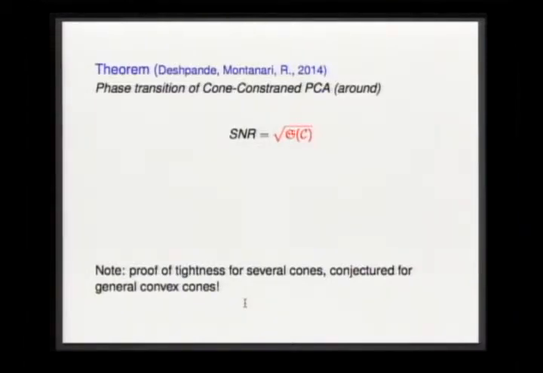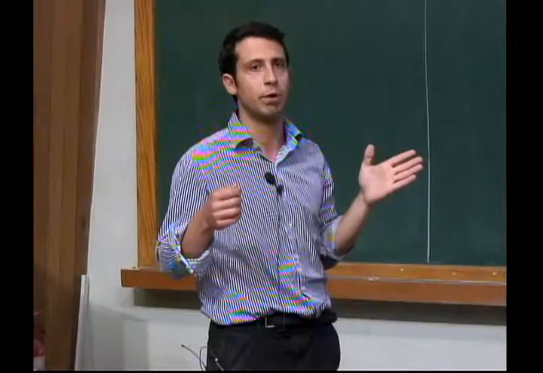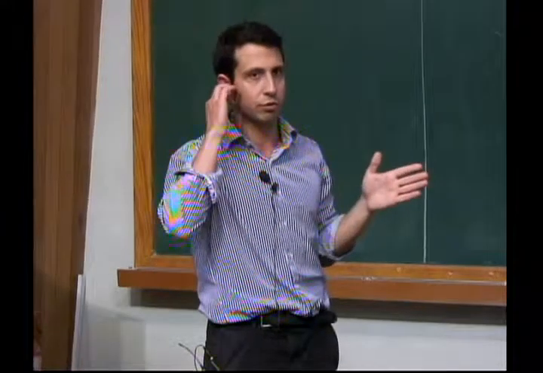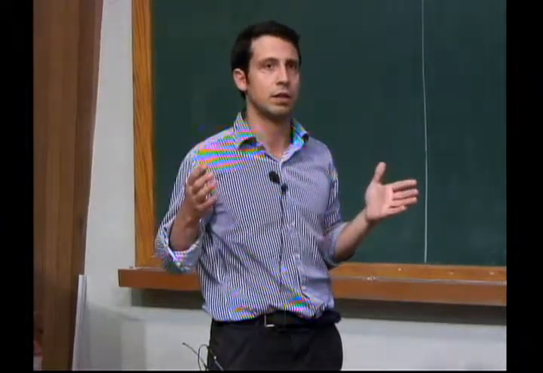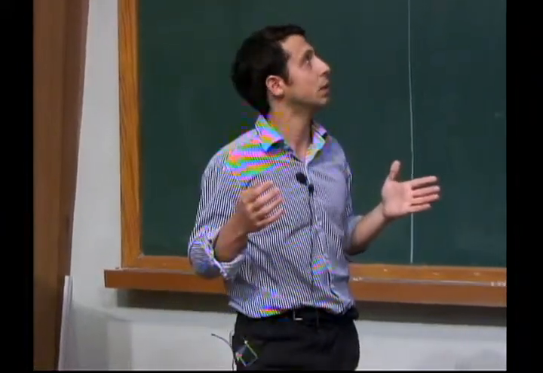So for this theorem, we have the proof for several cones. We have the proof that this is tight for several cones. For the general case of a convex cone, we have a proof that this is going to be the upper bound, but the lower bound is going to be proportional to this quantity using an information theoretical result.